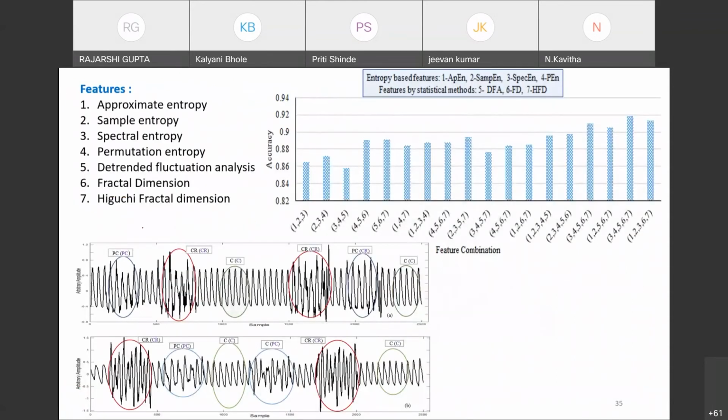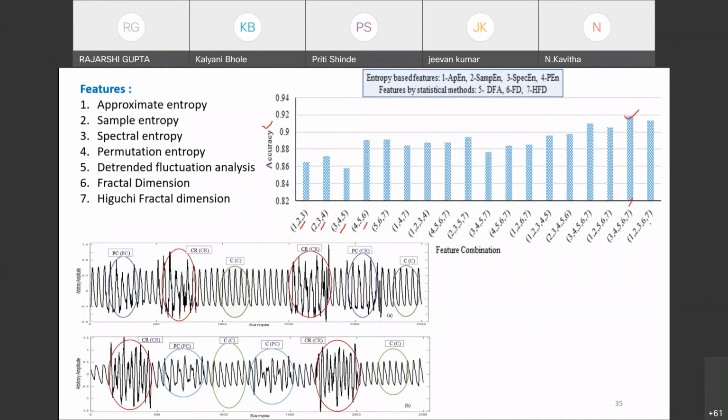Now, considering the features, we took altogether 7 features. So this is a plot where the different combinations of the features were considered and the accuracy was plotted in the y-axis. Okay, so you can see from this diagram that around 92% accuracy was obtained when we considered the feature combination of 3, 4, 5, 6, 7.